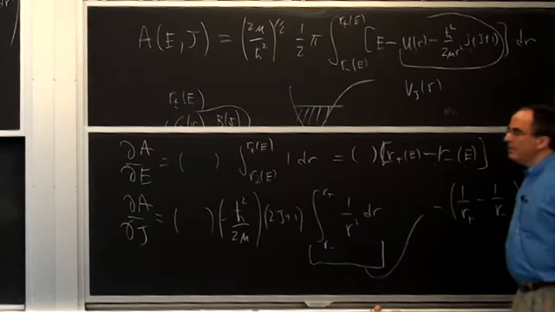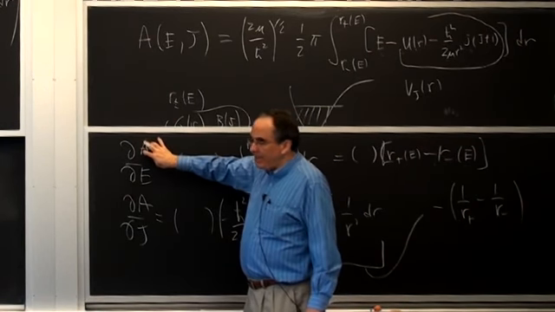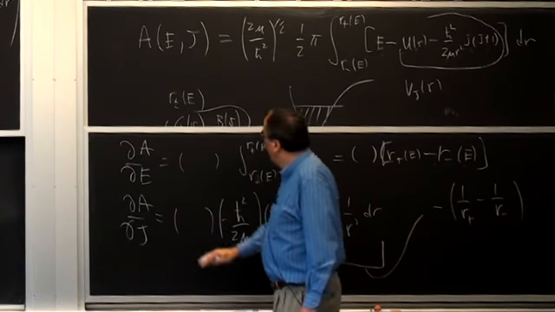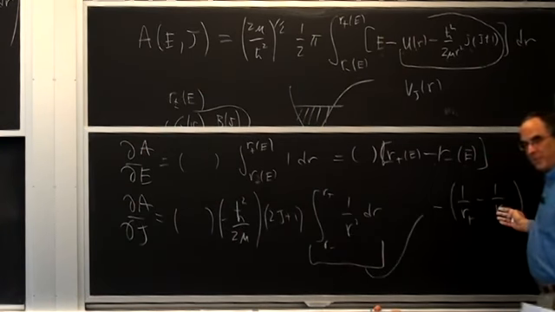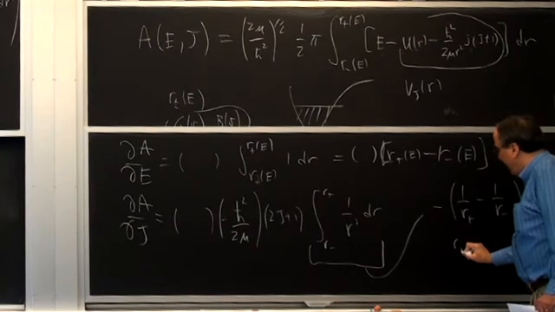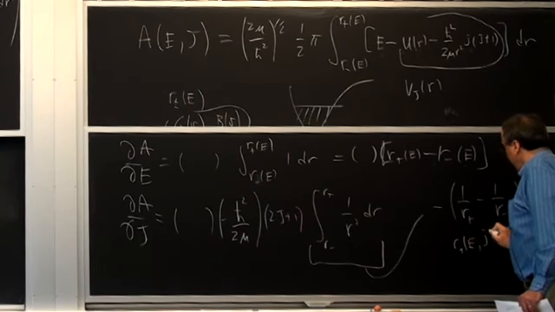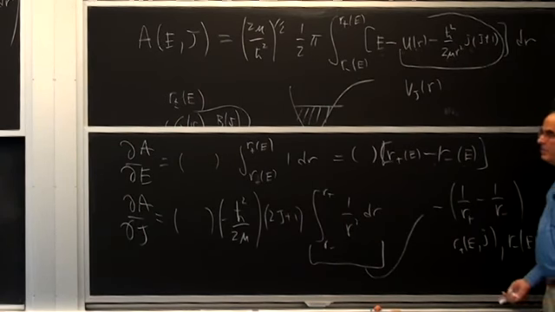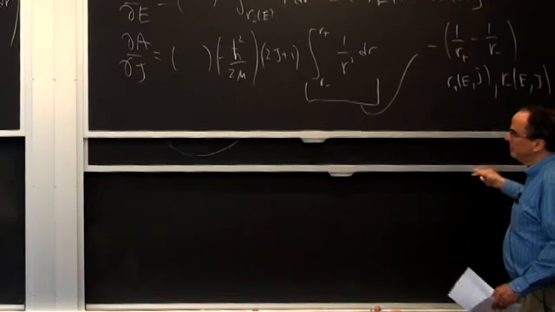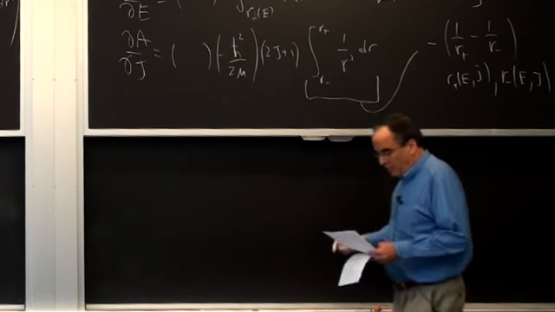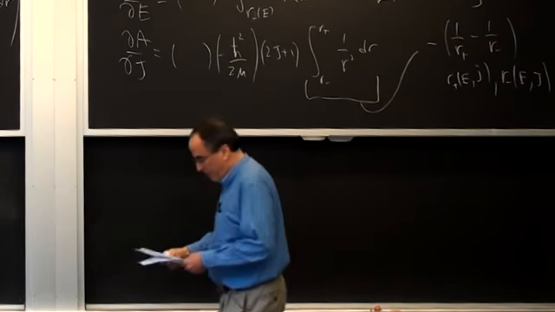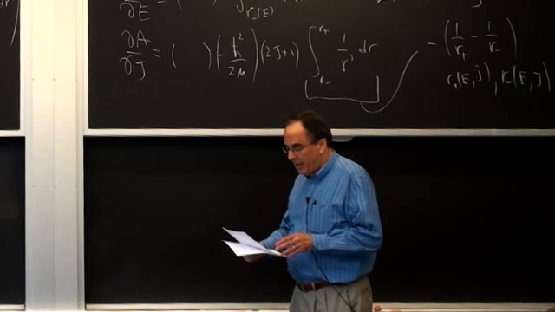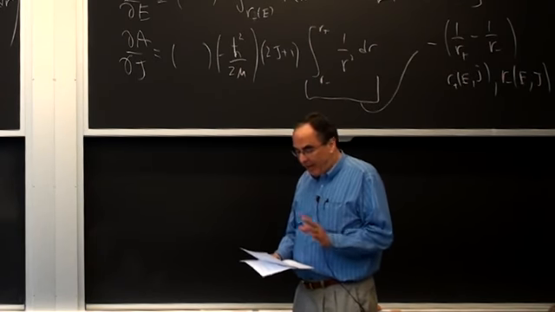And so if we can know A of E,J, we can determine the turning points r plus of E,J and r minus of E,J. And that's what RKR is. Okay, so I won't go through the derivation because I don't like it.